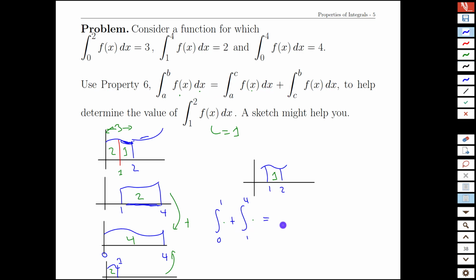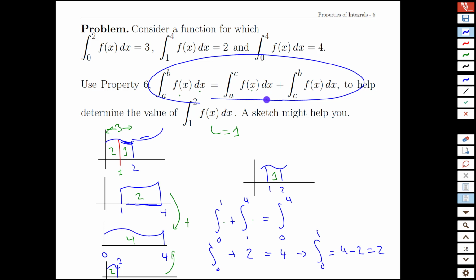That is equal to the integral from 0 to 4. And we actually have values for each of those. So that was a 4. This was 2. And so the integral from 0 to 1 had to be equal to 4 minus 2, which is 2. So we're using this property of integrals up here to simplify that limit of integration. And then we can do the same thing again.